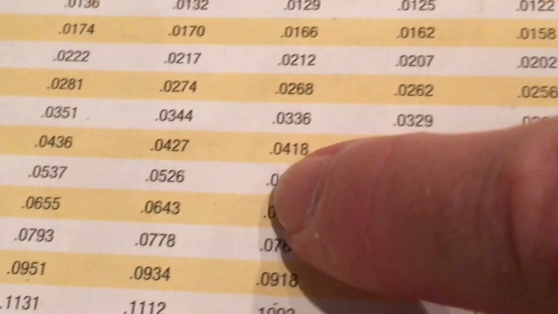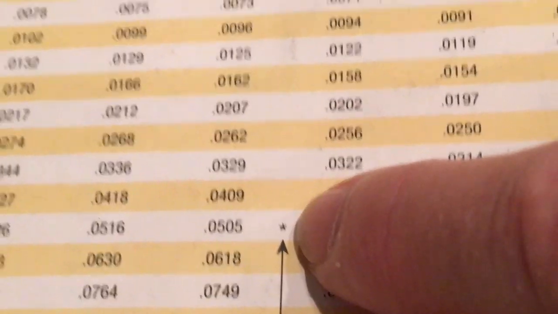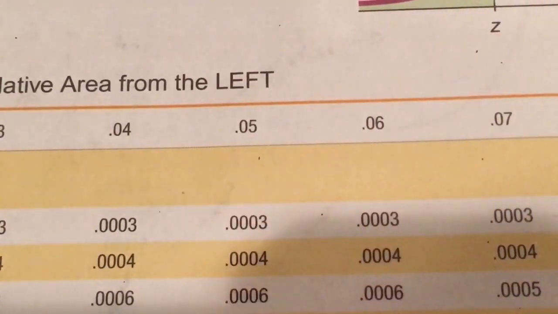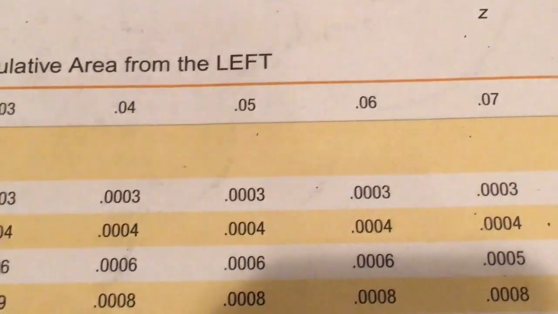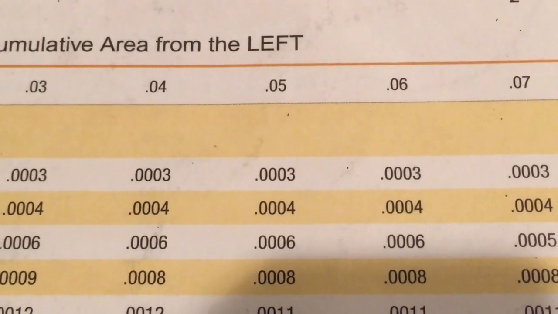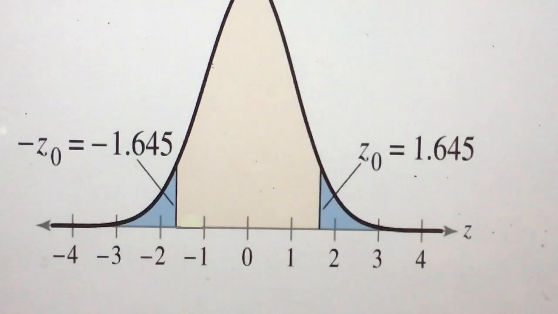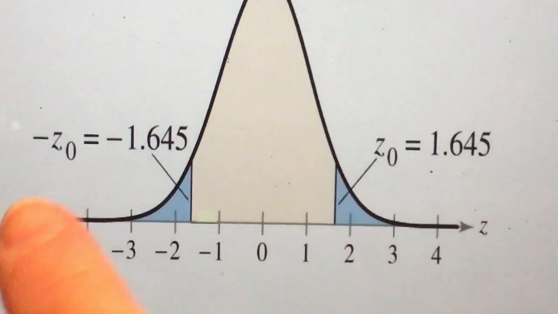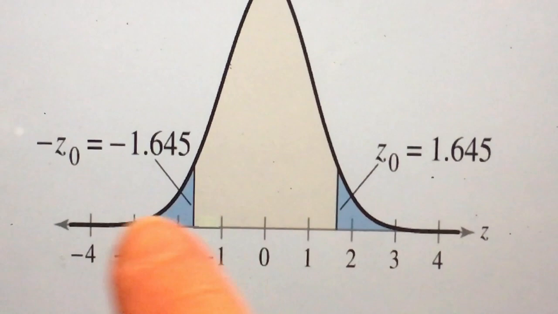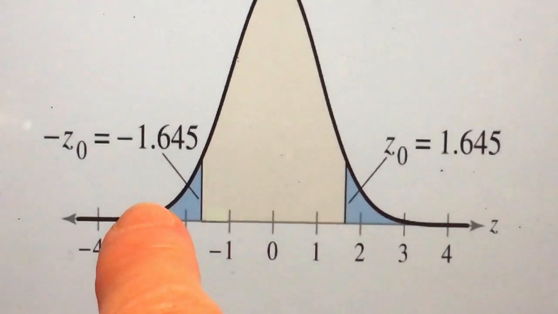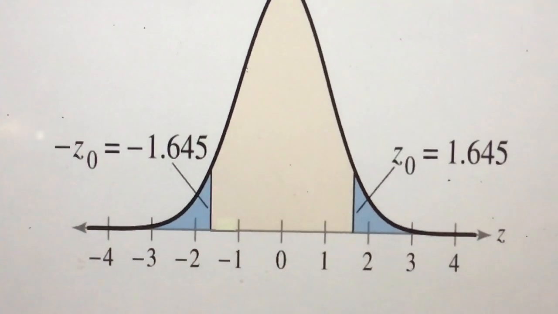And then we'd go back up here to the little dot, go all the way up, and we would get 0.04, but then halfway through 0.045. So negative 1.645, which is exactly what the slide is saying. So basically we have the 0.10, it's being split up into 0.05 on each side, and then I look up on the z-score chart the 0.05 in the body of the z-score chart, and I get negative 1.645.